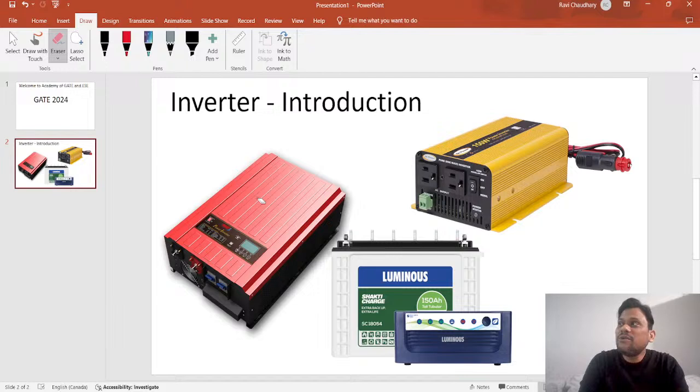Now the question will be raised again: why, sir, are these inverters so popular? Don't think only about the domestic application of the inverter. You have to think beyond that. For example, HVDC transmission.